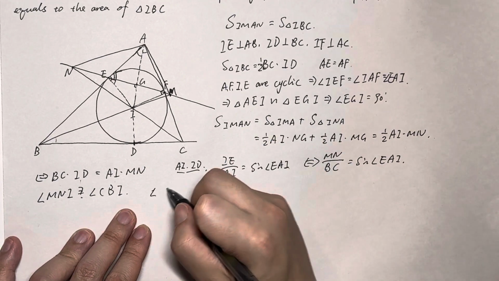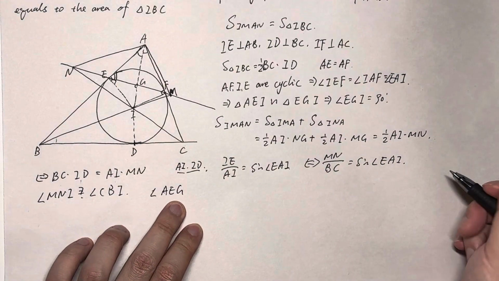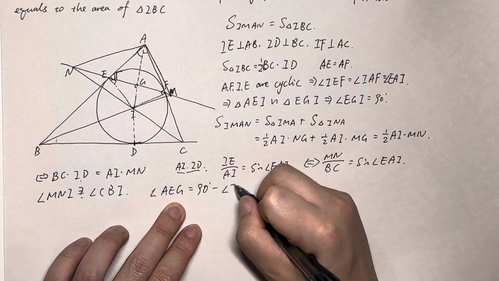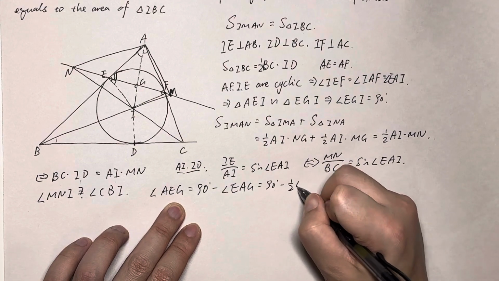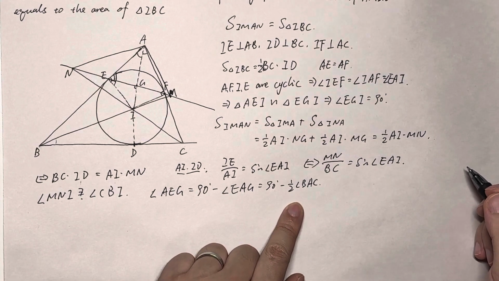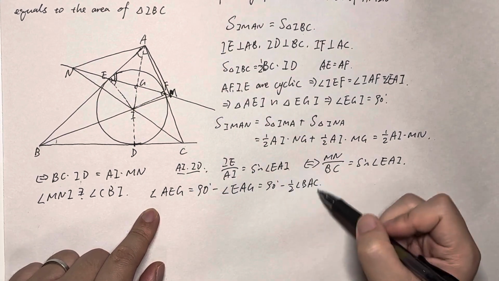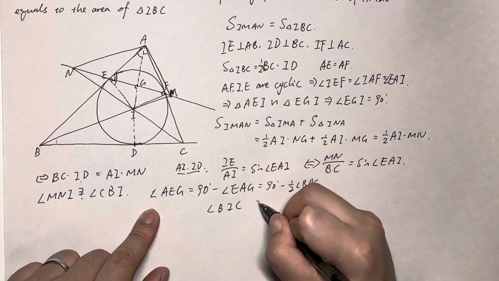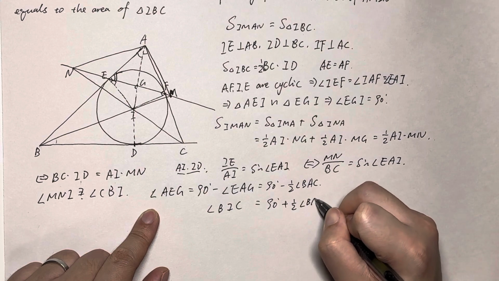Okay, angle AEG. Angle AEG equals 90 degrees minus angle EAG, which equals 90 degrees minus half of angle BAC. Right? And this reminds us that angle BIC equals 90 degrees plus half of angle BAC.